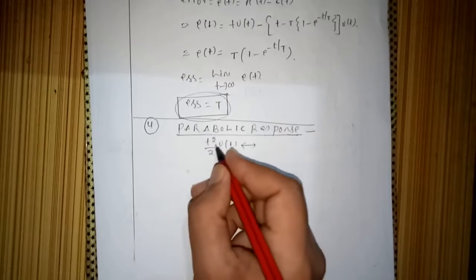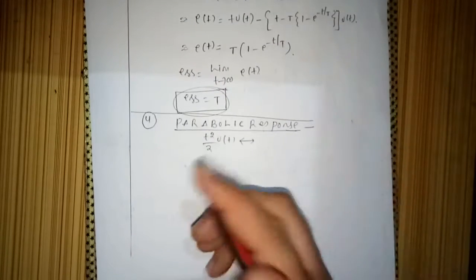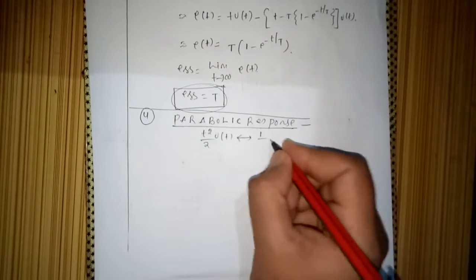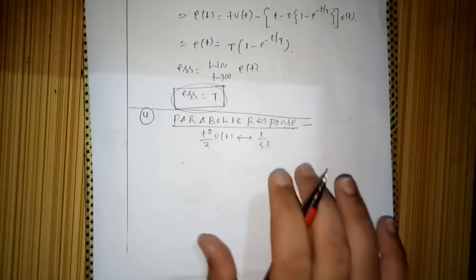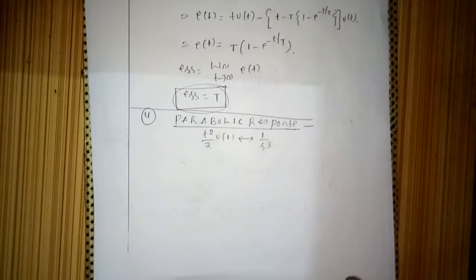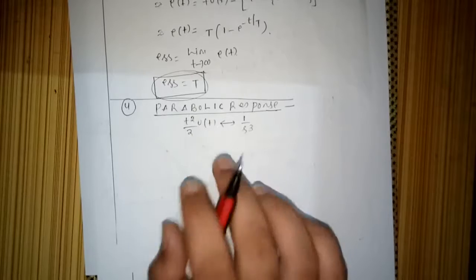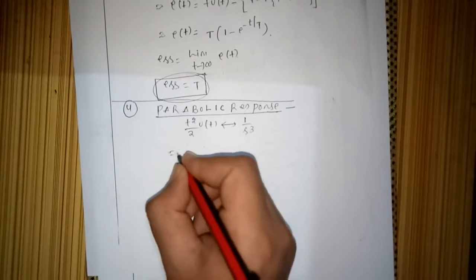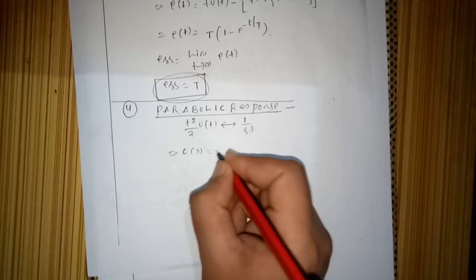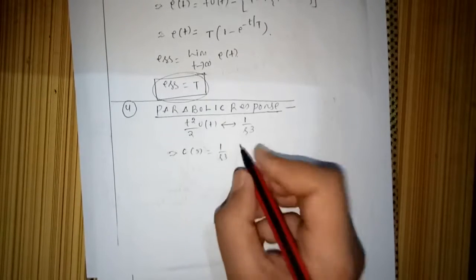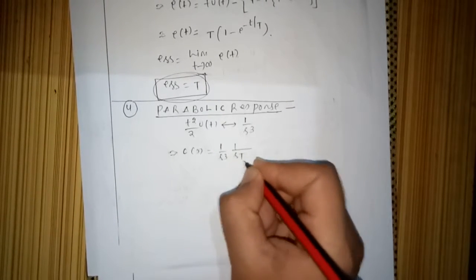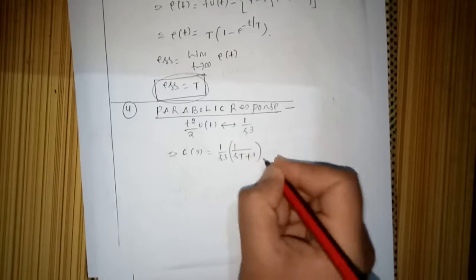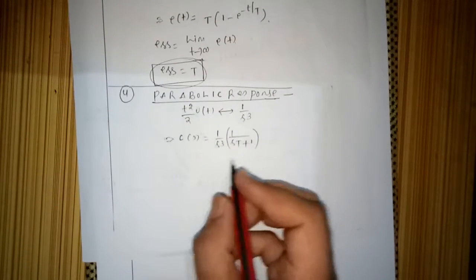You can take even t square u(t), the 2 will go upward. For simplicity I am using t square by 2 u(t). Test signal is nothing but parabolic only. It's not going to make any difference, right? And then I can write C(s) is equal to 1 by s cube and 1 by sT plus 1, right? So this is how I get.